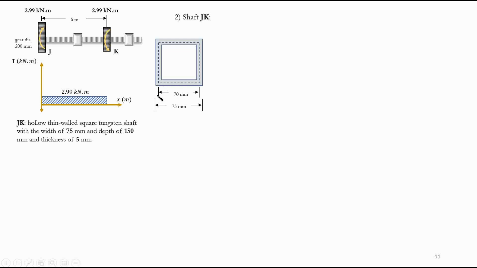But let's see, what is this? This is the width, or each side of the square, for the median section. Why do we need the median? Let's look at the formula. The formula for a hollow thin-walled section, whatever the section is, is the torque divided by 2 times t times AM. What is t? The thickness at the point we are calculating the stress. If we're calculating at a different point, the stress might be different.